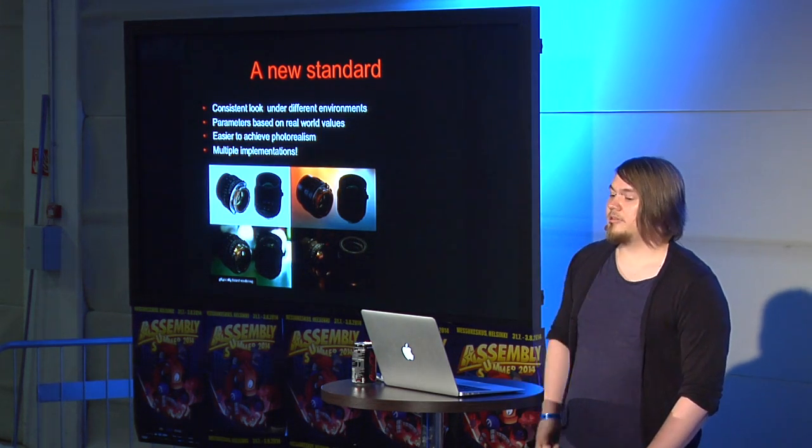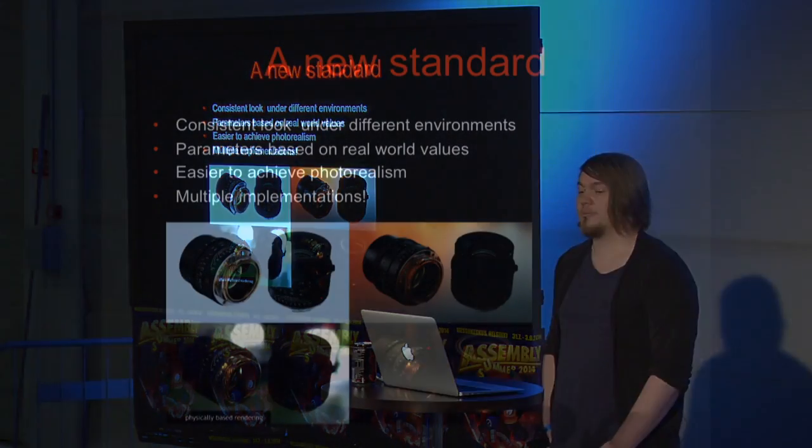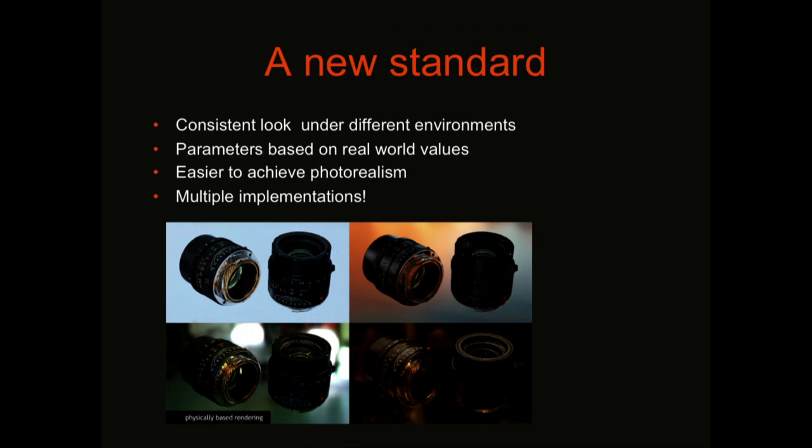The benefit of using a physically based rendering system is that it gives us a consistent look in different lighting environments. This is because we have more detailed light and surface material definitions.